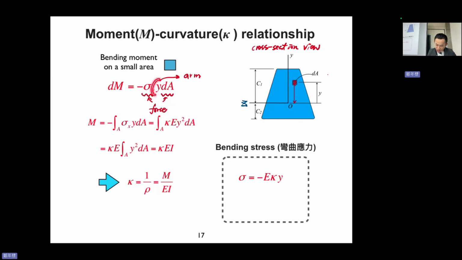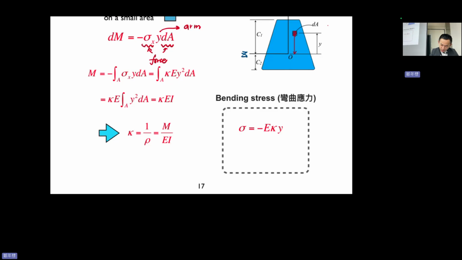So your y become squared. Okay? So again, kappa and E can go out to the integration sign. So here you can see another definition.